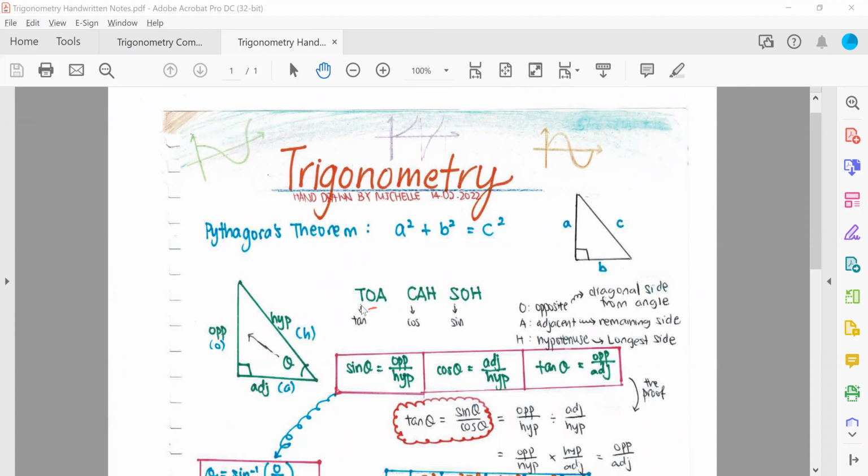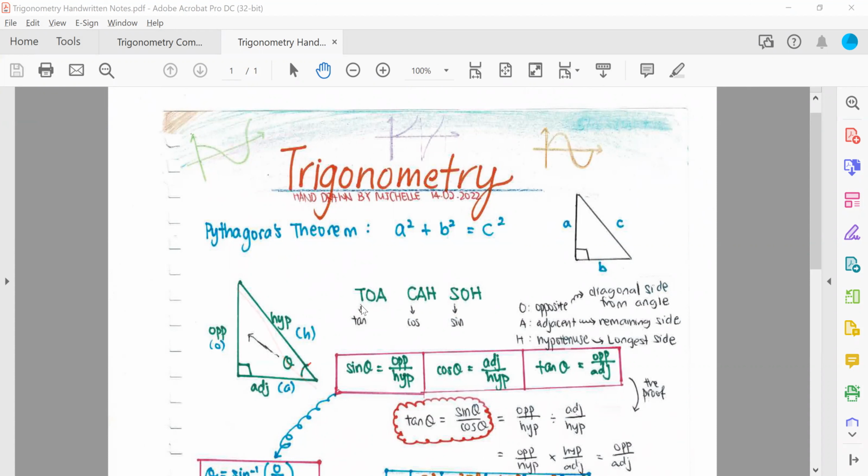O stands for opposite, A stands for adjacent, H stands for hypotenuse. If you look at the triangle over here, and we label the angle theta here, where does the opposite refer to? Is it this, this, or this?